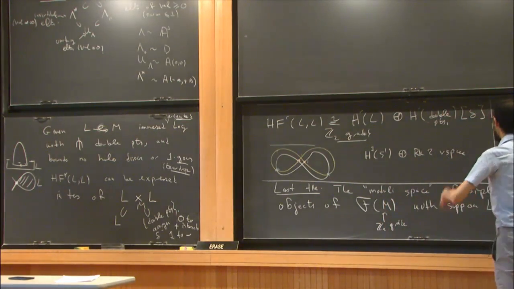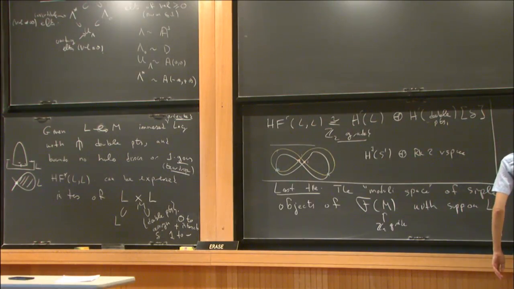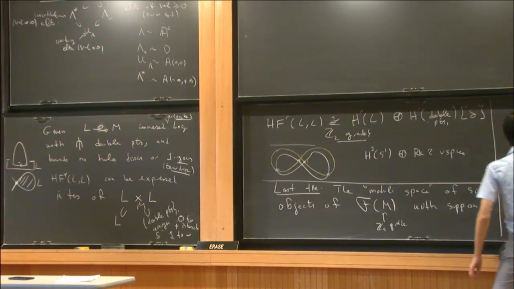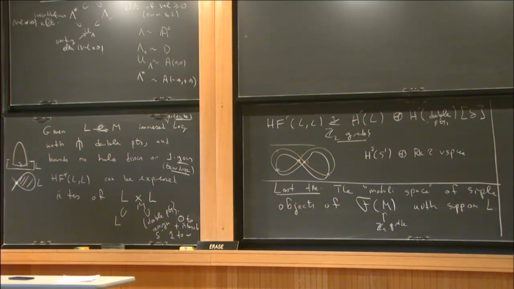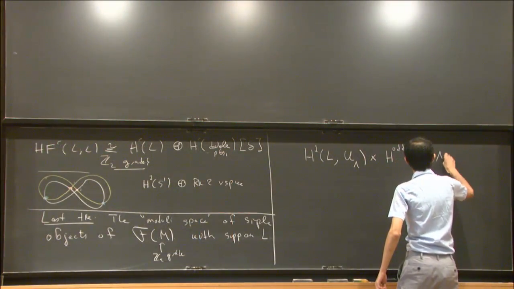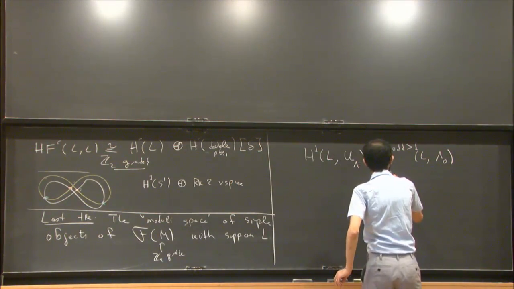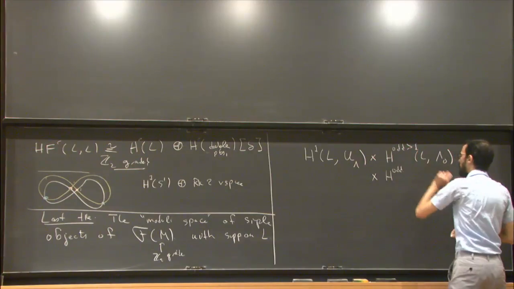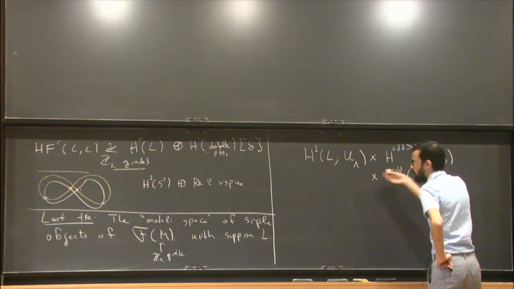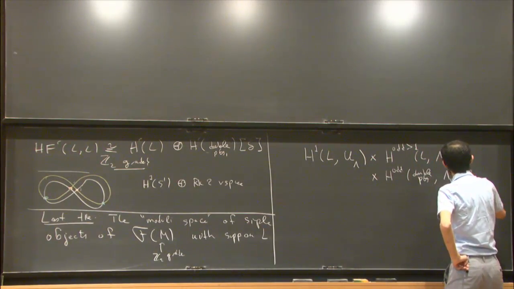Well, it's as follows: you take H1 of L with coefficients in the unitary elements, and you take the product of this with H odd, of degree greater than 1, of L with coefficients in lambda 0, and you take the product of this with the second part here, H odd, but now you don't impose the condition that it is greater than 1, of, I apologize for the whole world notation, double points with coefficients in lambda 0, and then you put in this shift.